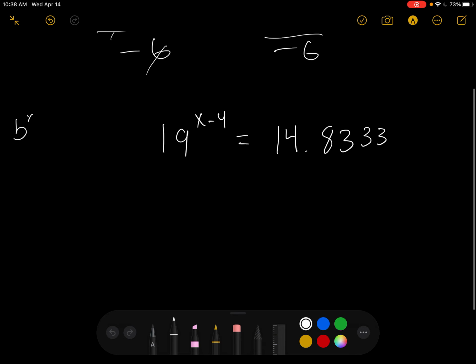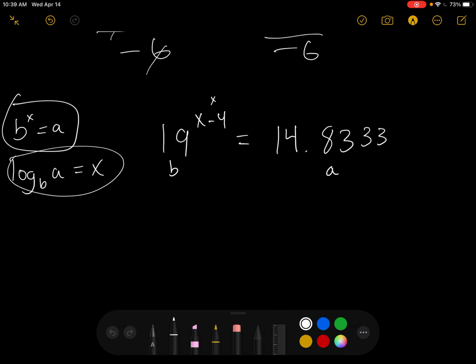So we have b raised to the power x is equal to a. I'm going to label, this is the last one that I will label. So this is b, this is x, and this is a, right? We're in this format, and we're going to this format.